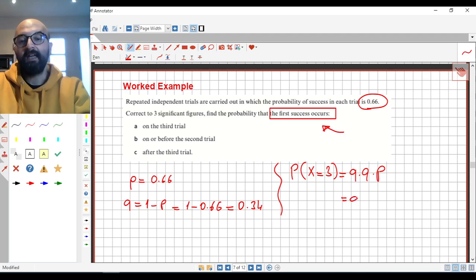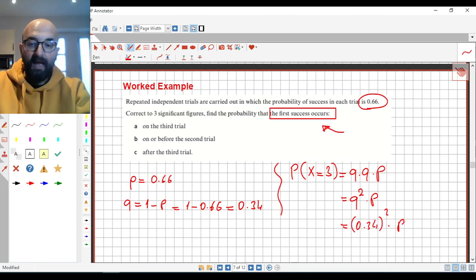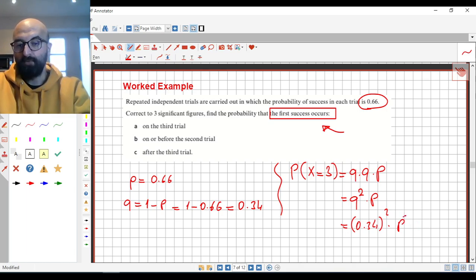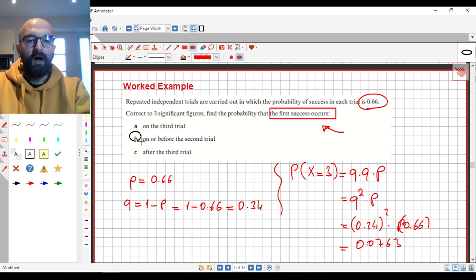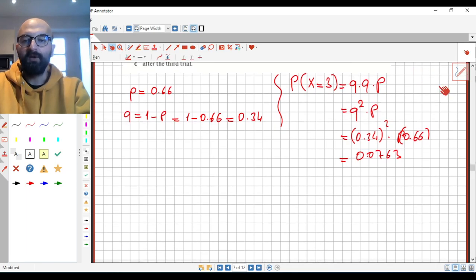So we can say q squared multiplied by p, which is 0.34 squared multiplied by 0.66, and using the calculator the result is 0.0763.